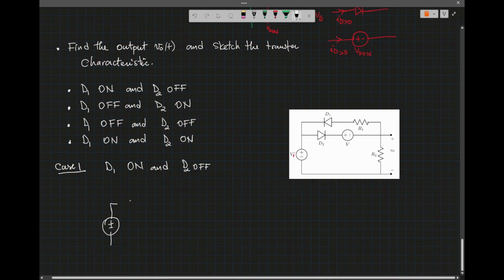D1 on means we have VD on, and we have R1.